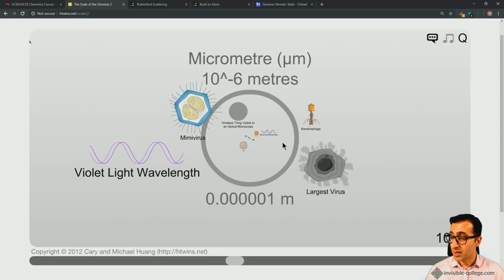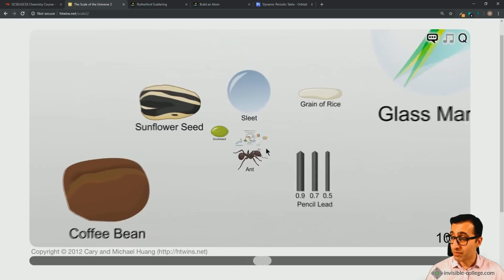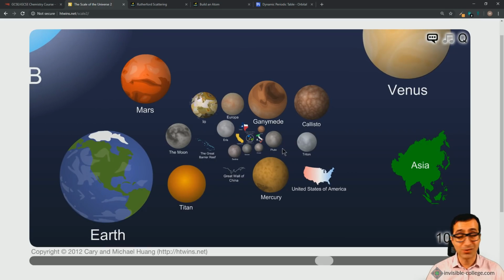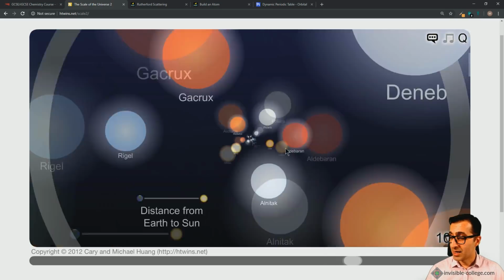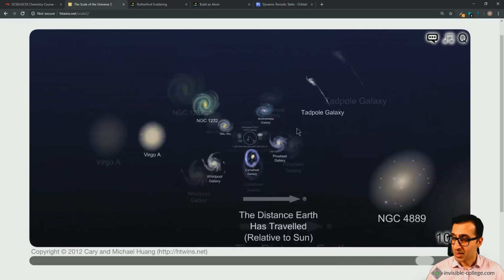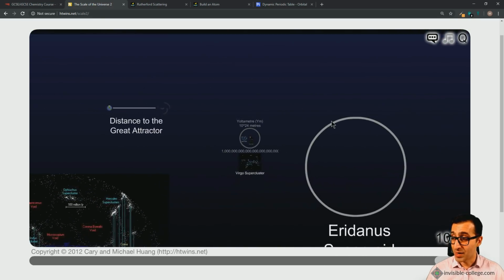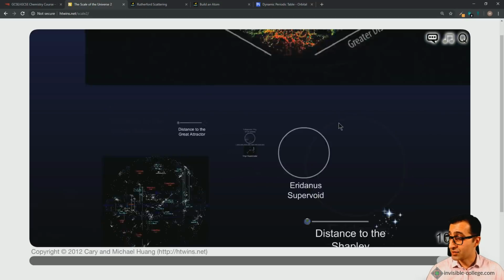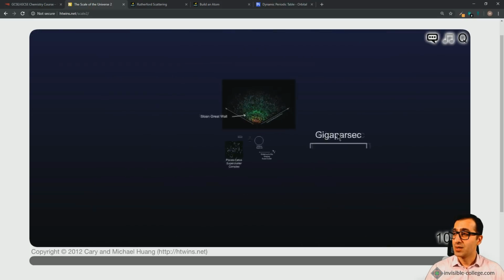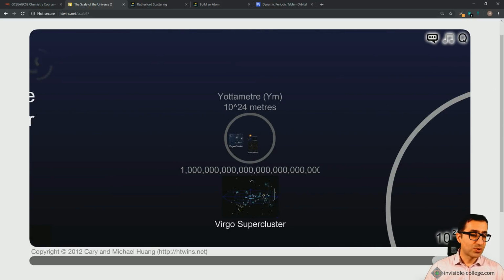And if you really want to get strange in the opposite direction, you can go to very large things, like for example, comparing the various astronomical bodies in the solar system, and then getting into things like clusters and nebulae and superclusters, and even things like the great attractor, and the scale of the observable universe, 10²⁶·⁸ meters.